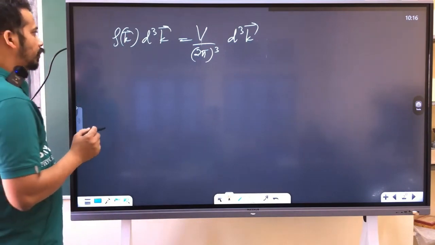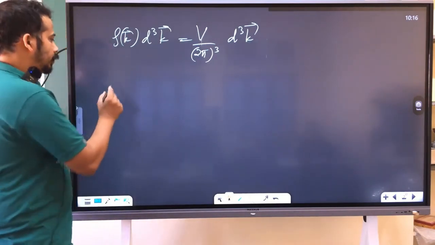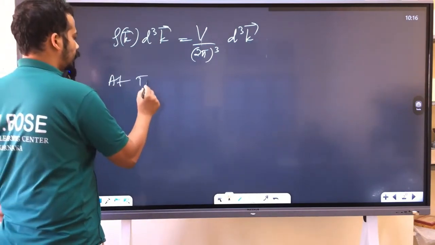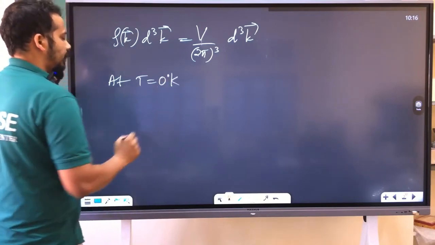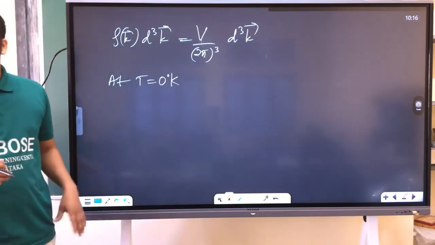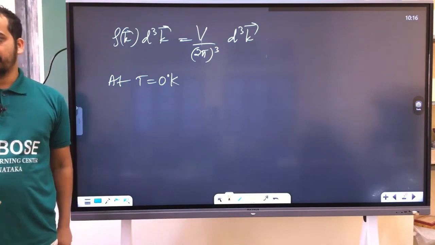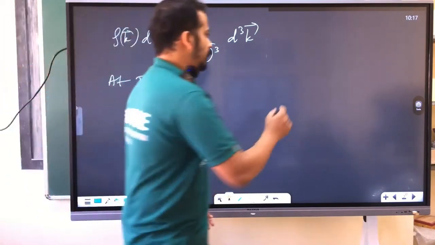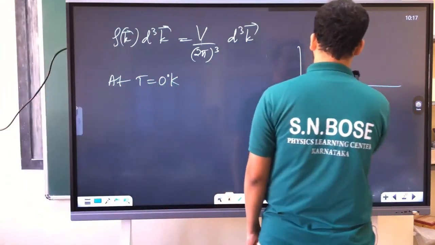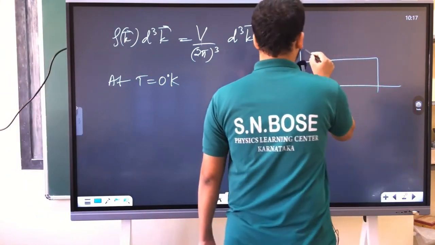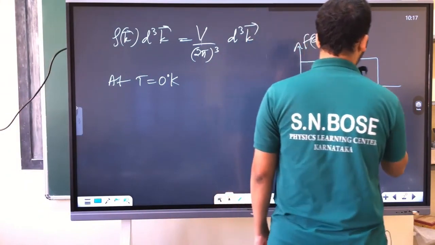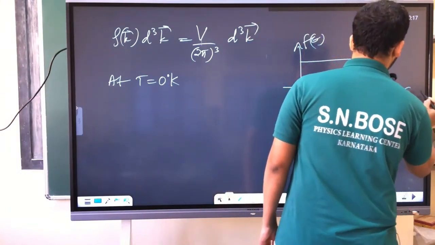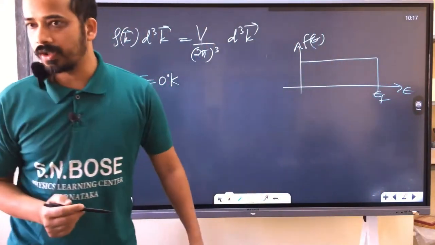Now look at here. What happens is at t equal to 0 degree Kelvin, all states within the Fermi level are completely filled. Am I right? Again, we have drawn only this graph actually: f of E as a function of E, this is EF, at t equal to 0 degree Kelvin.